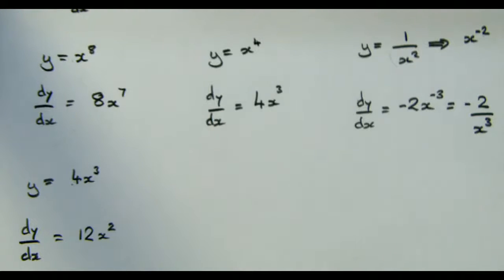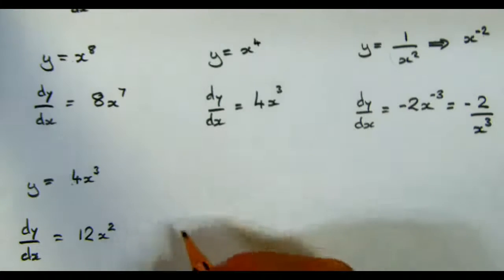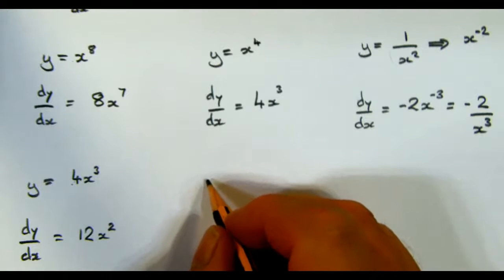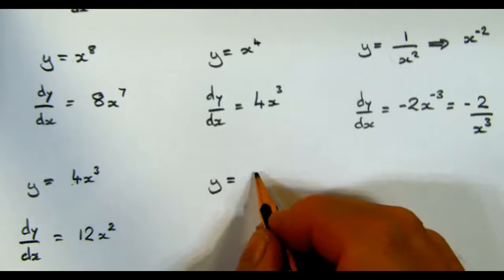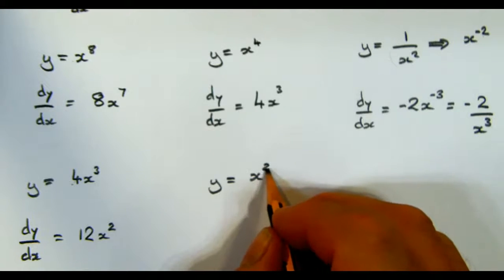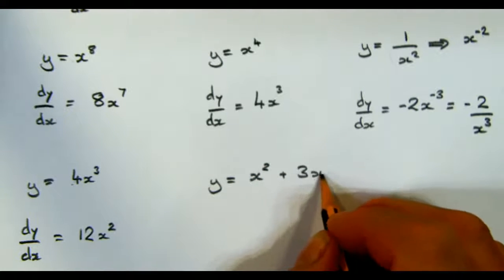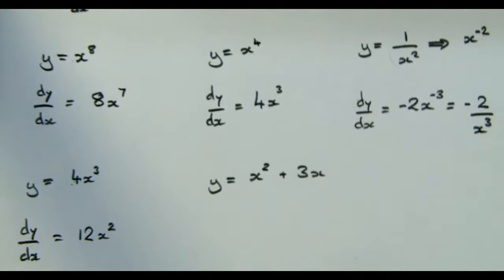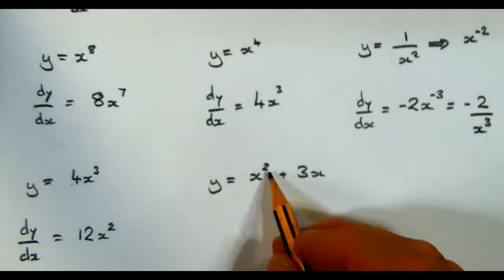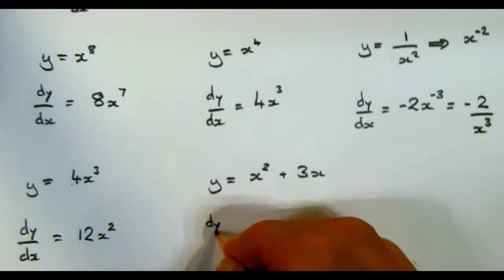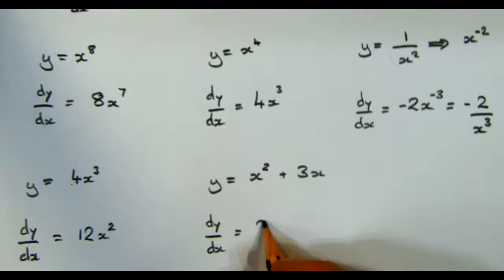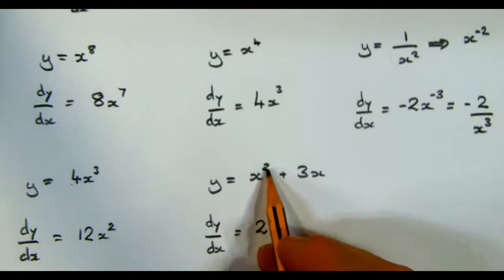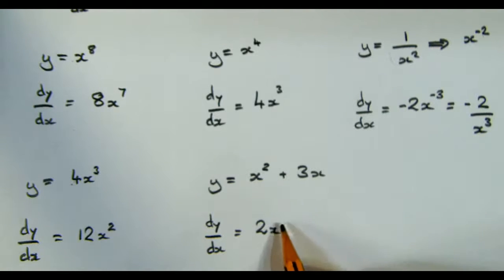Well, can we make anything a little bit more difficult? Yeah. They're bound to give you something a little bit harder. So we might get y equals something like x squared plus 3x. So what are we going to get here? Well, dy by dx is going to become 2x. This is x to the 1, and x to the 1 we don't bother to write.